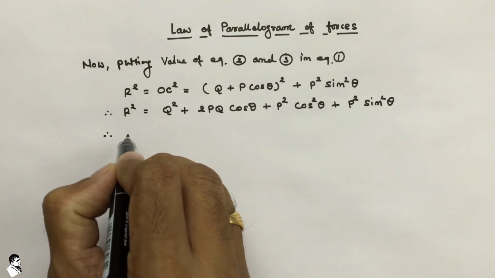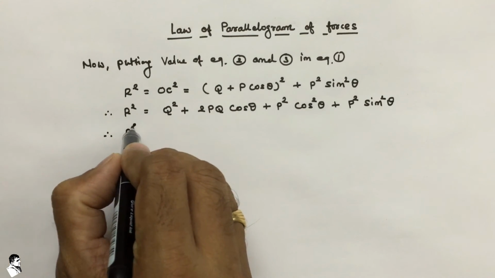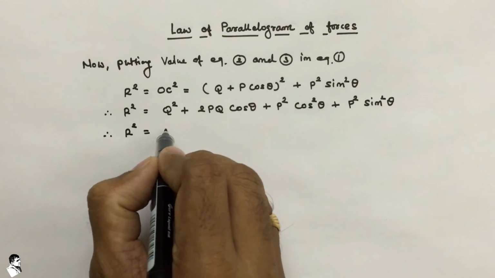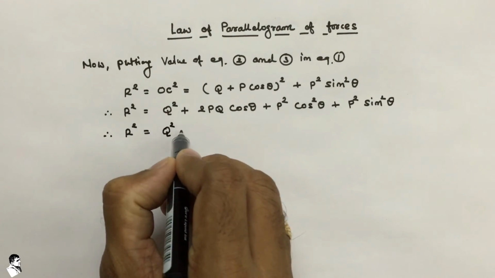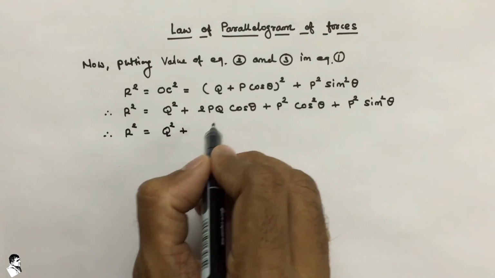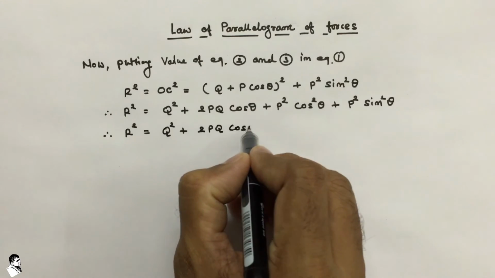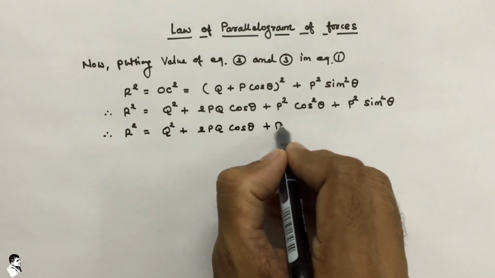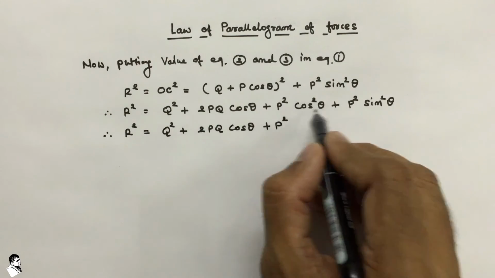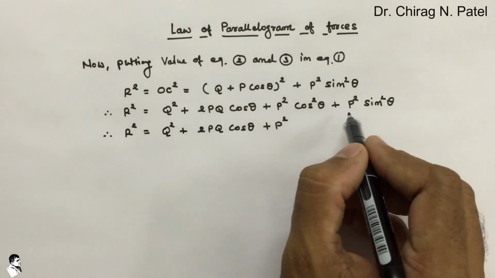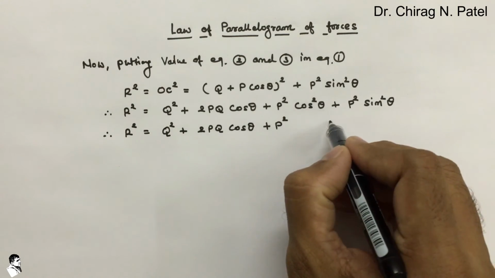Again rearranging that equation, Q square plus 2PQ cos theta plus P square common from both terms, the remaining part is cos square theta plus sin square theta.